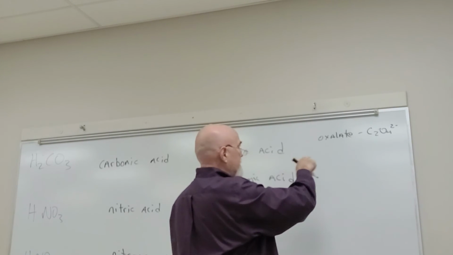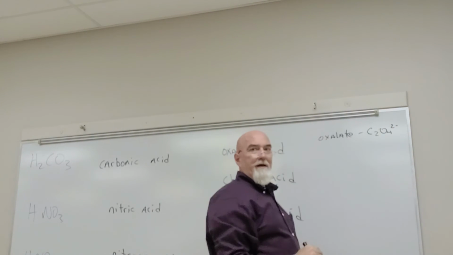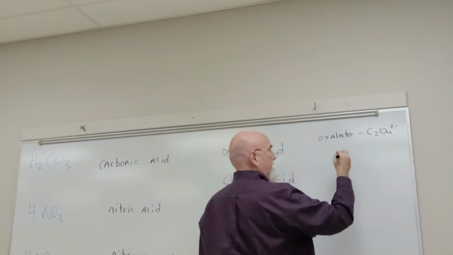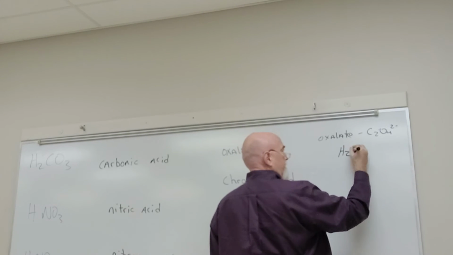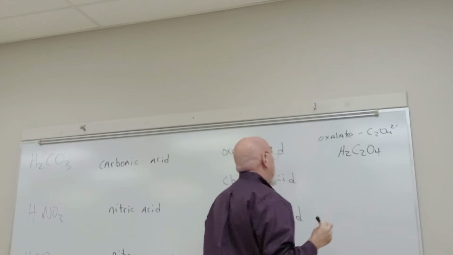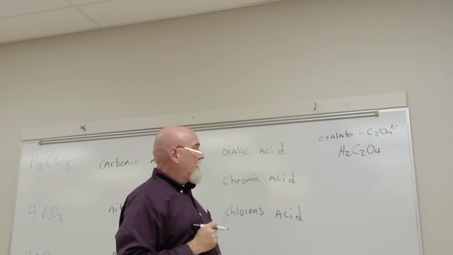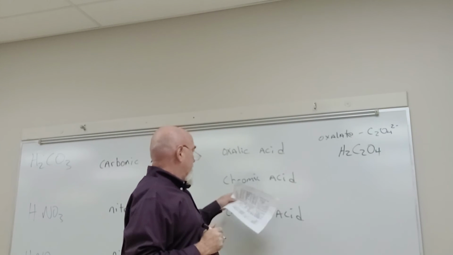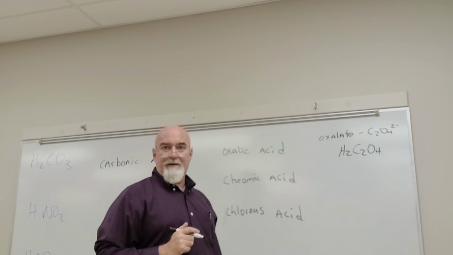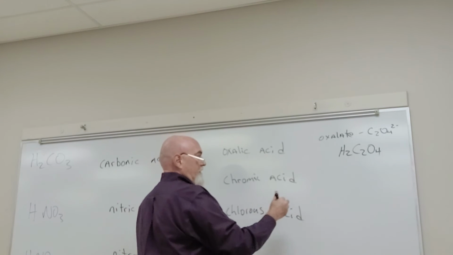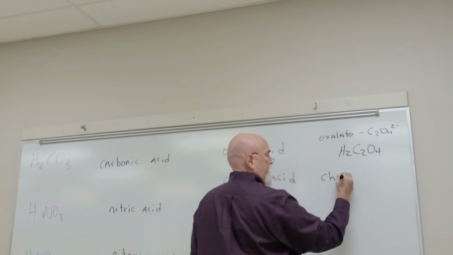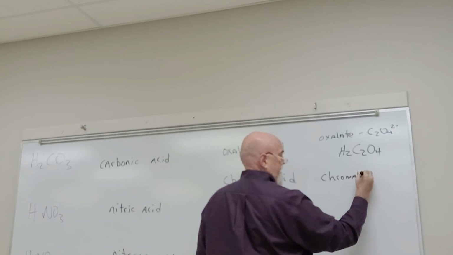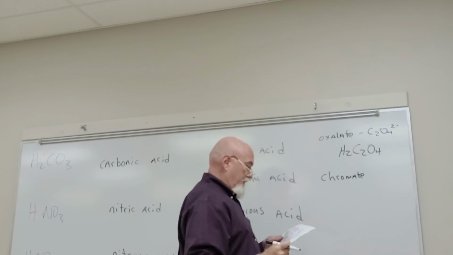So when it combines with hydrogen, since it's got 2 minuses, it's going to need 2 hydrogens. So you have H2C2O4, oxalic acid. Oxalate ion requires 2 hydrogens. So here we have chromic acid. So IC, so what you're going to look for is you're going to look up chromate and see what chromate is.